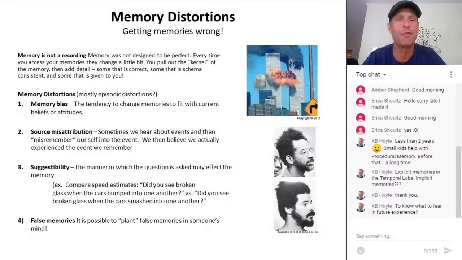Memory is for the future, right? So your memory only has to be good enough to guide your behavior in the future. Hey, I ate that red berry and it made me puke for 2 days. Don't eat that again. Hey, I ate that animal over there and it tasted really good. So let's eat that animal over there.